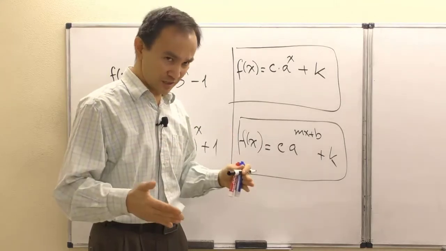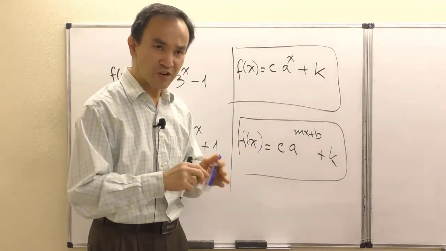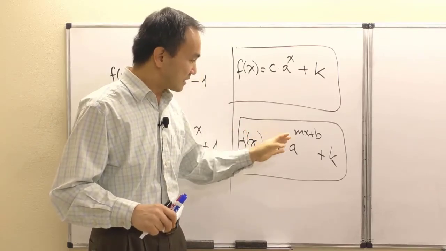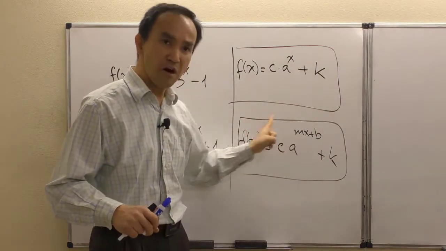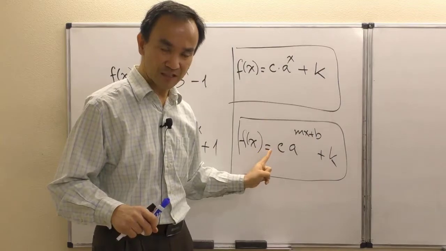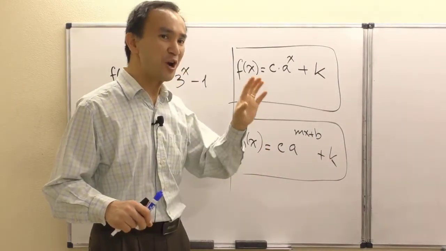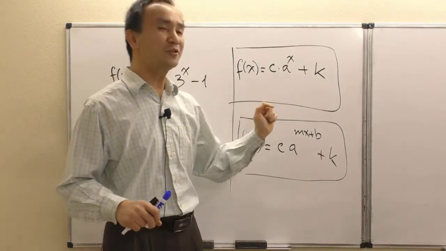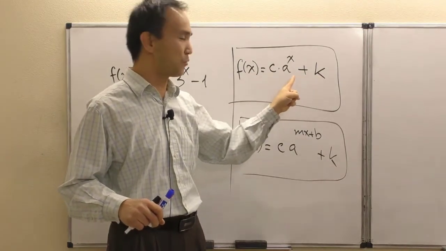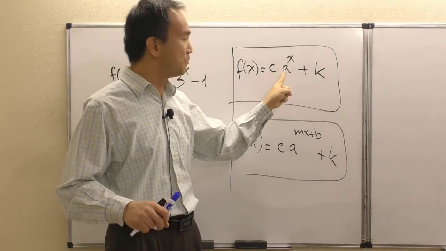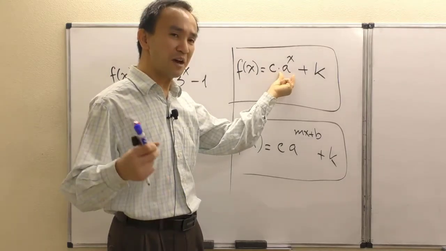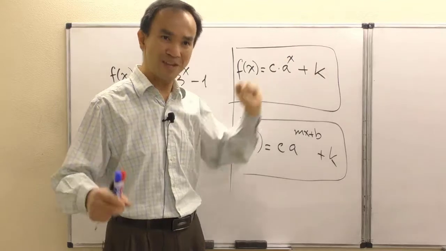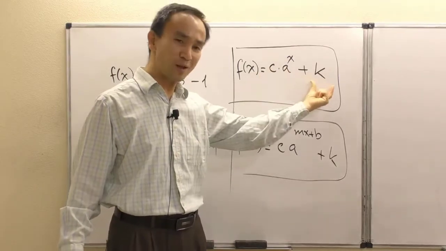The truth is, and later on I will give that explanation in detail, even though we have a much bigger family of general exponential functions, we only need, take my word on this, we only need to focus on this form right here, where it's a constant coefficient multiplied with an ordinary or basic exponential function, a to the x only, no need to have an mx plus b here, and then plus a constant term.